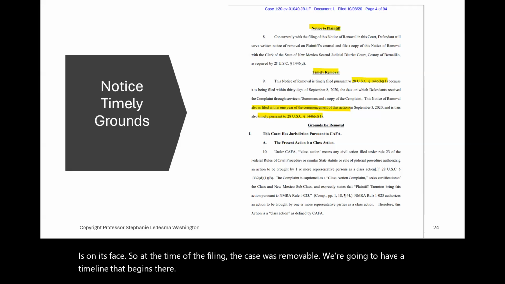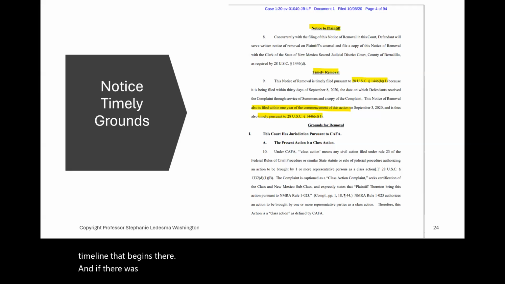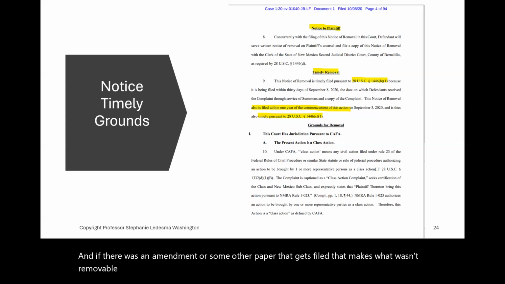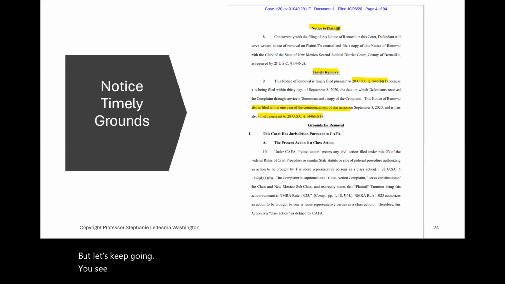And if there was an amendment or some other paper that gets filed that makes what wasn't removable initially later removable, there's a timeline that we will follow there under 1446(b)(3). But let's keep going.